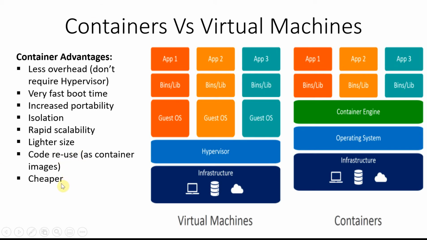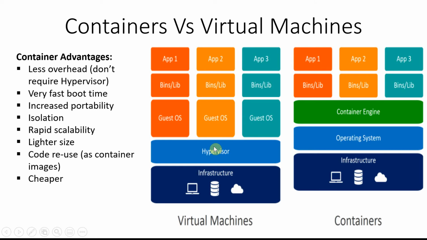And next is cheaper. Cost-wise, it is very low. Let's take Docker as a container engine. Docker is free, right? Of course, the enterprise version will come with a cost, but mostly it is open source. It is free. But if you take a virtual machine, it is tied back to the vendor that you use, and mostly VMware is the most popular virtual machine. If you take vSphere, which is their enterprise version of VM, all the cloud providers have tie-ups with VMware just because VMware is so popular in this world.